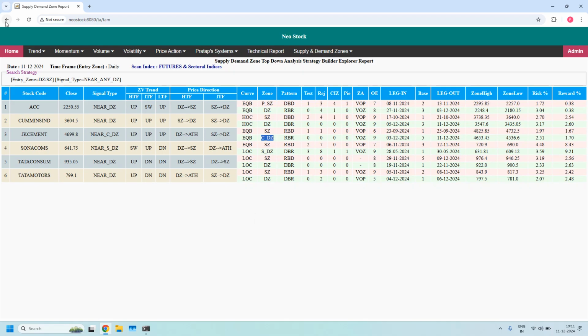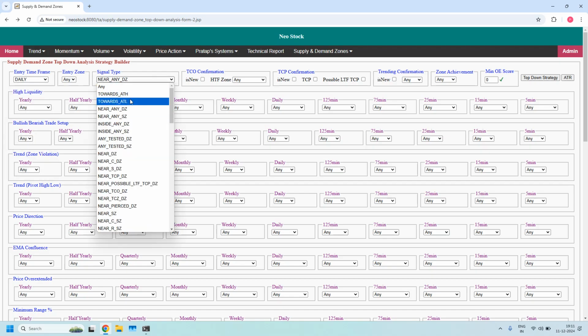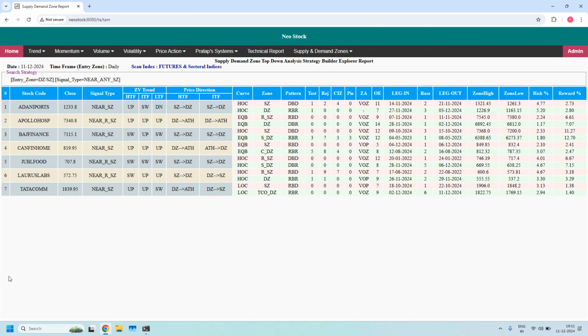Okay, next daily time frame. Let us filter the stocks near to the daily supply zone. 7 stocks are filtered. Let us identify high liquidity daily supply zones from this list.